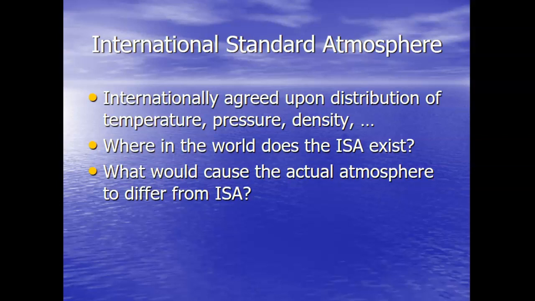Does ISA exist anywhere? No, it doesn't. It very rarely, if ever, exists. So what would cause the actual atmosphere to differ from ISA? The answer is any difference in temperature, pressure, or density. All three of those values will differ on any given day.